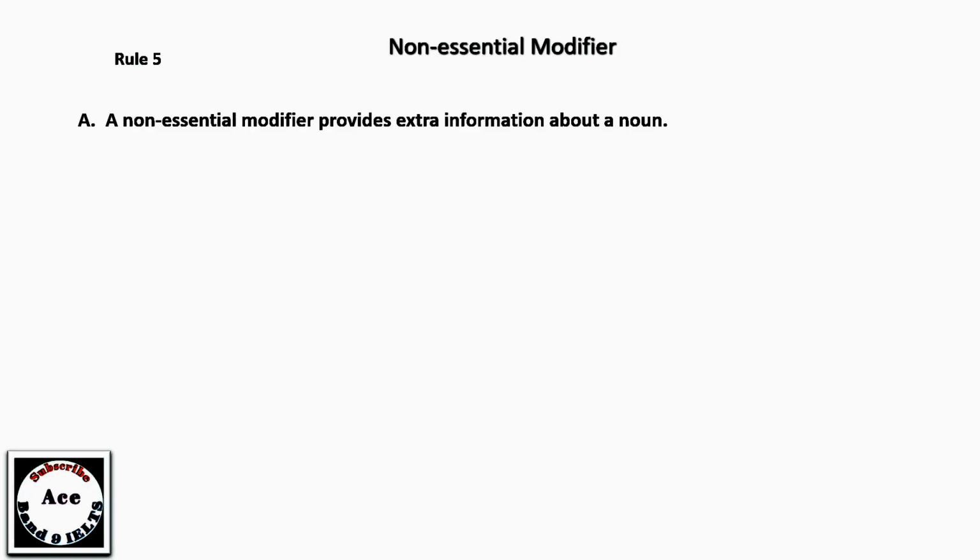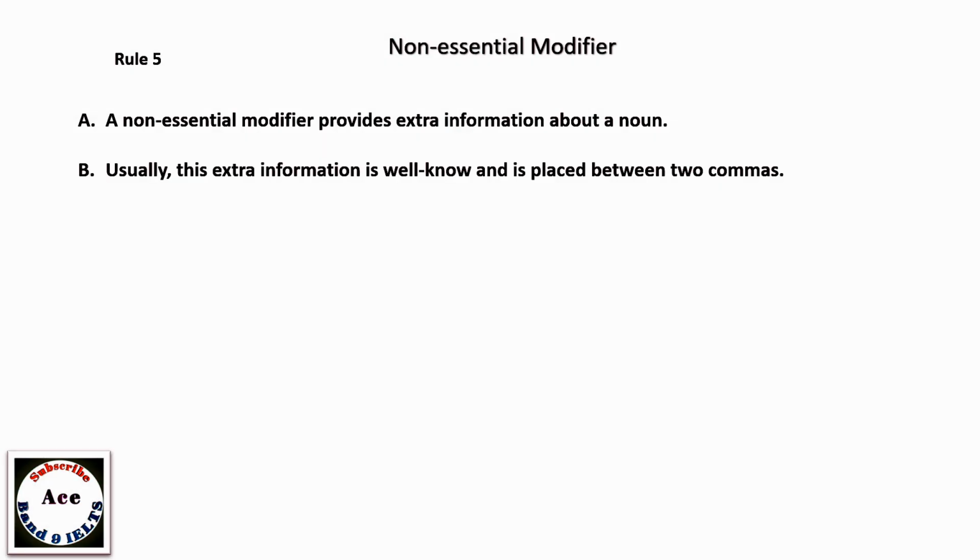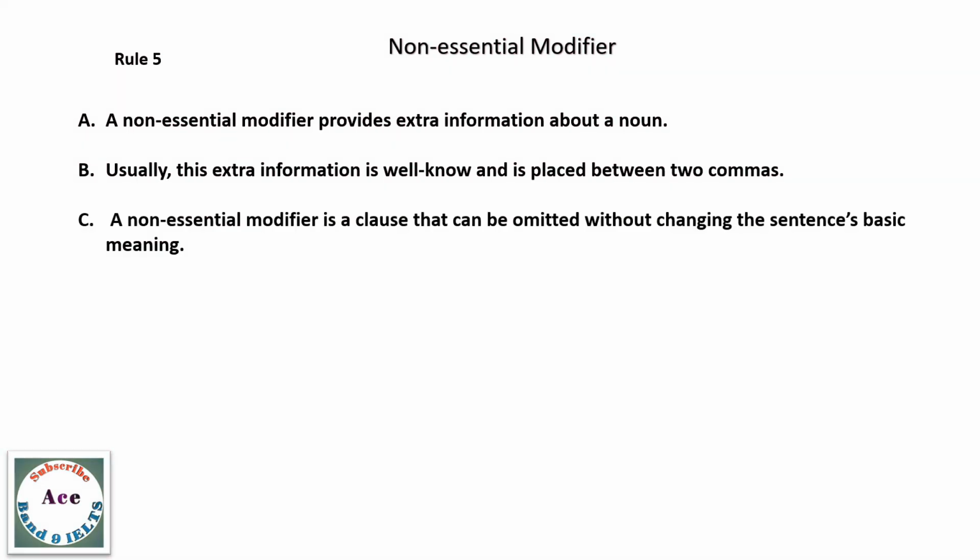Now, non-essential modifiers. What is a non-essential modifier? A non-essential modifier provides extra information about a noun. Usually, this extra information is well known and is placed between two commas.